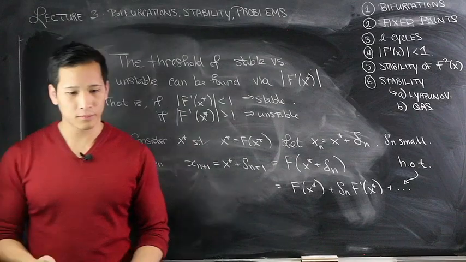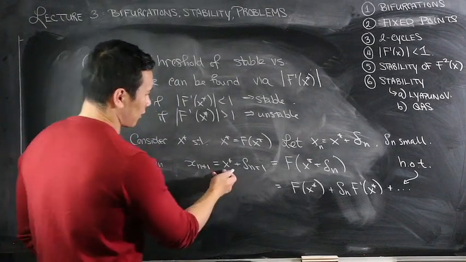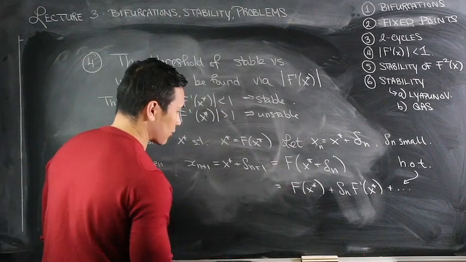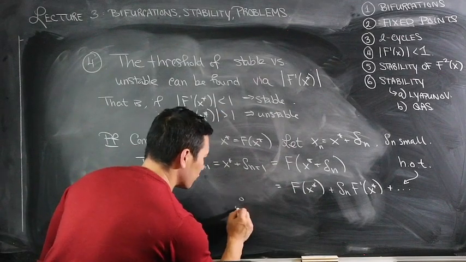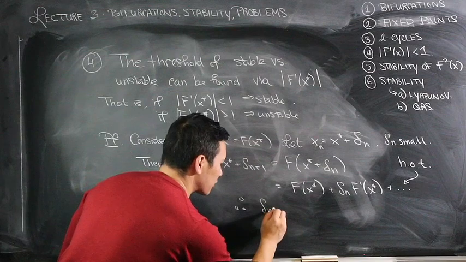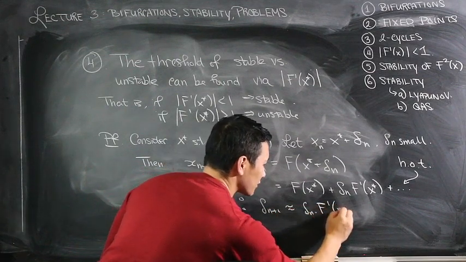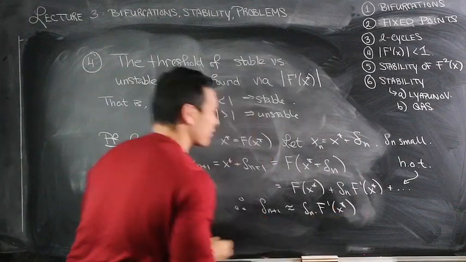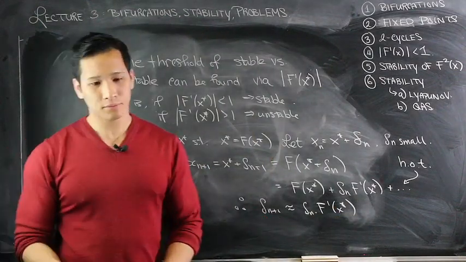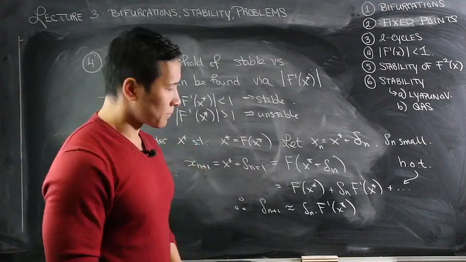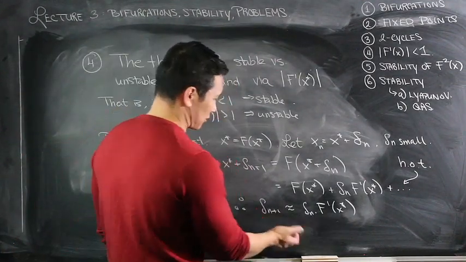Okay? But I know that x star is equal to f of x star. Right? So I know this one is equal to that one. And so therefore I conclude that delta n plus 1 is approximately delta n times f prime of x star. But I know how to solve these types of problems. These are recurrence relations.